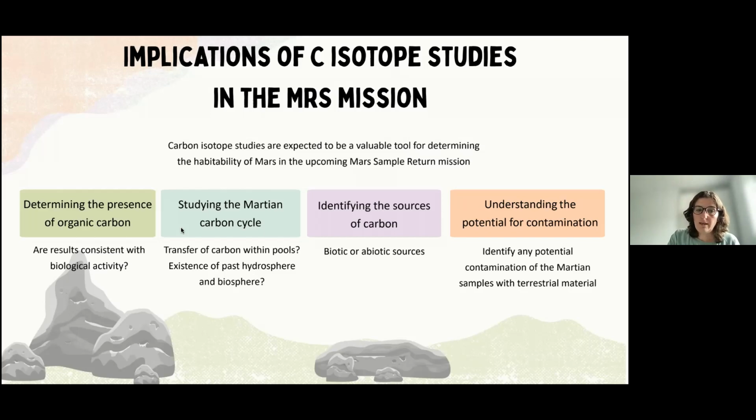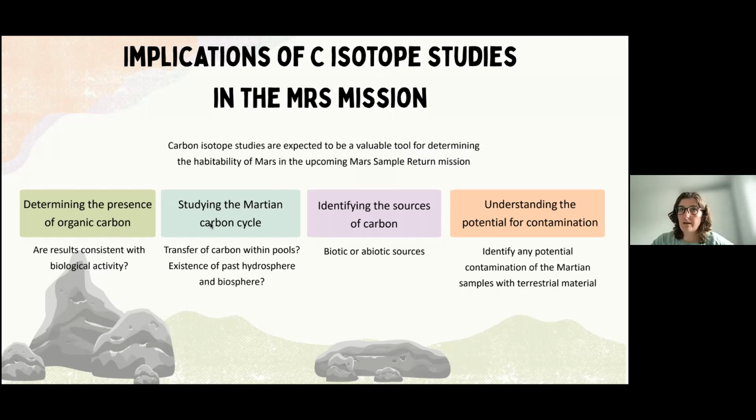Also, the carbon isotope studies may help in identifying the source of carbon, because it's very important to know if this carbon is derived from biotic or abiotic sources. And this is, as I said earlier, that carbon isotopes, together with additional isotopic studies or bulk studies, may provide us the answer.